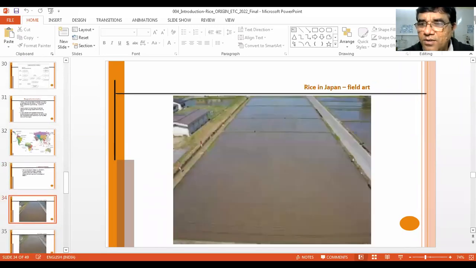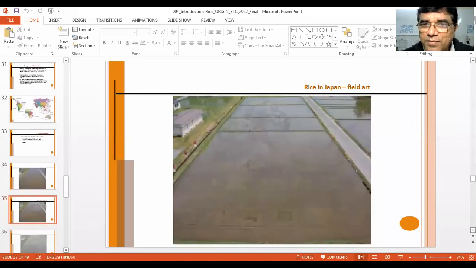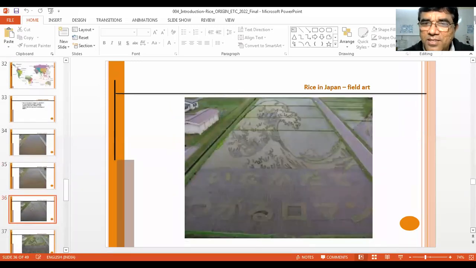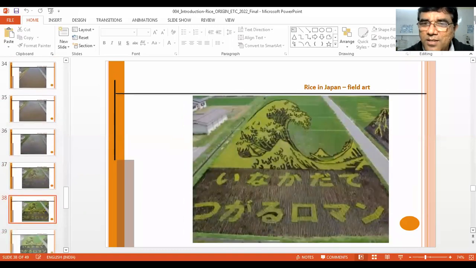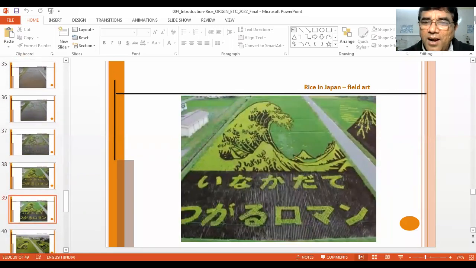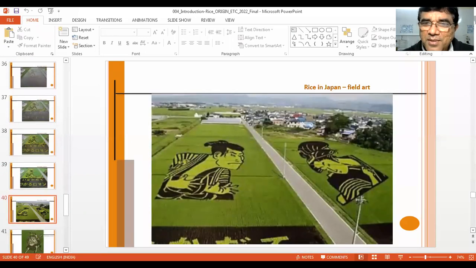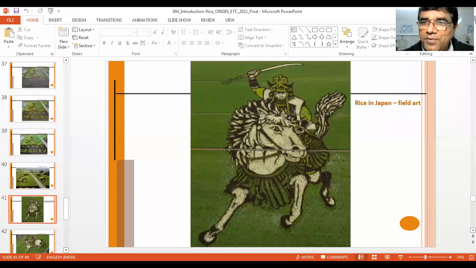And you see this art in Japan. This is a Japanese picture, where people transplanted colored rice and made art out of it. After a few days, it will look like this, then like this, like this, you see. Now this is perfect art, seen from an aerial view. This is actually a rice field, but they made it colorful. You get a variety of colors of rice leaves: some are purple, yellow, green, and so many shades.